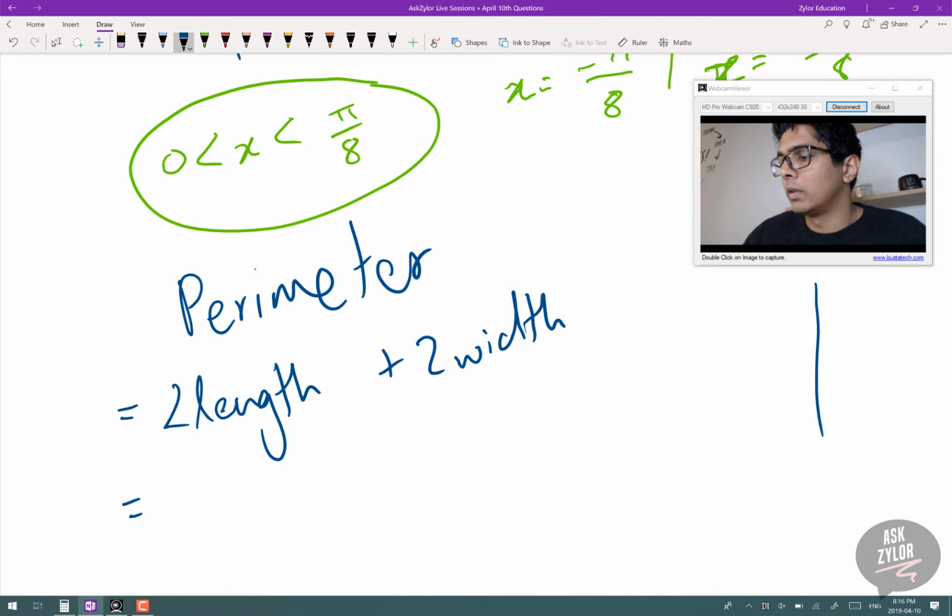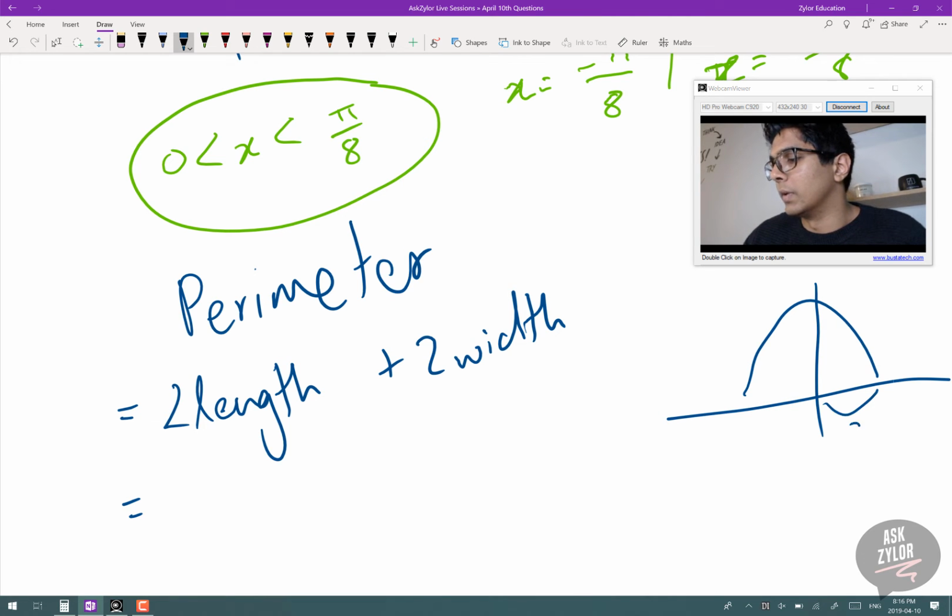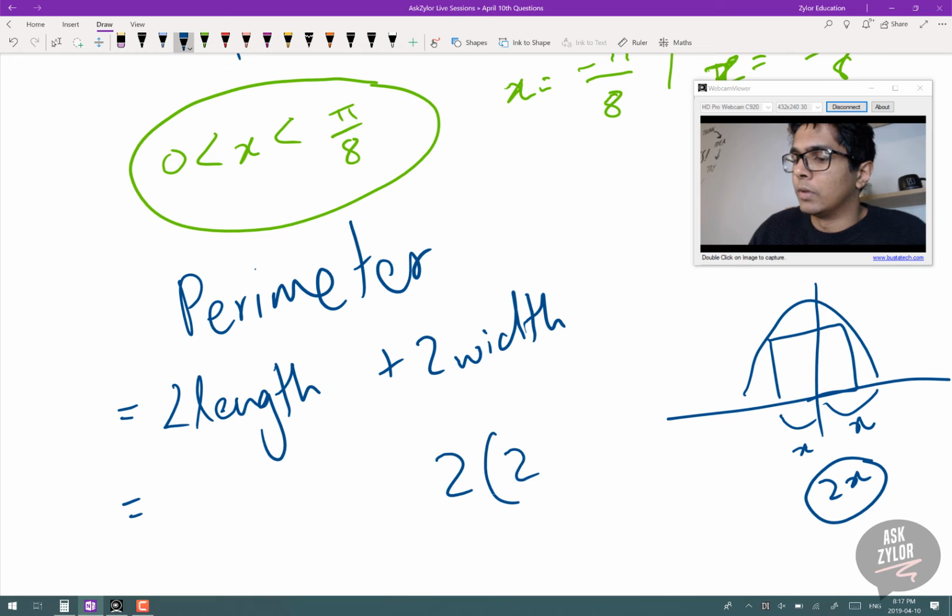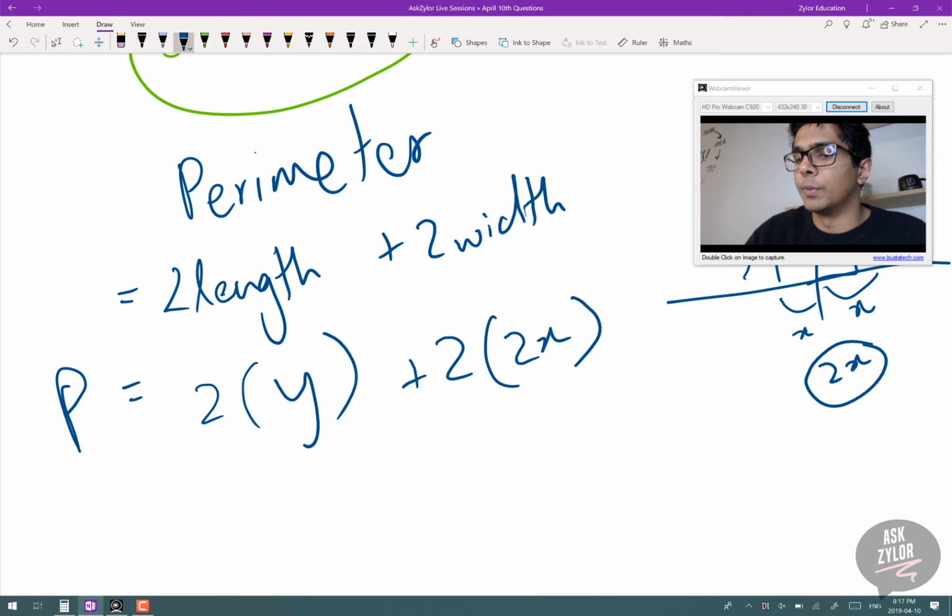And I said my width is, this is my x. Let me redraw this. This is my x, so I need to have two x's for my width alone. So I'm going to put 2x inside my width, and then I said for my length I have 1y, so I'm going to replace length with y. And this is equal to my perimeter.